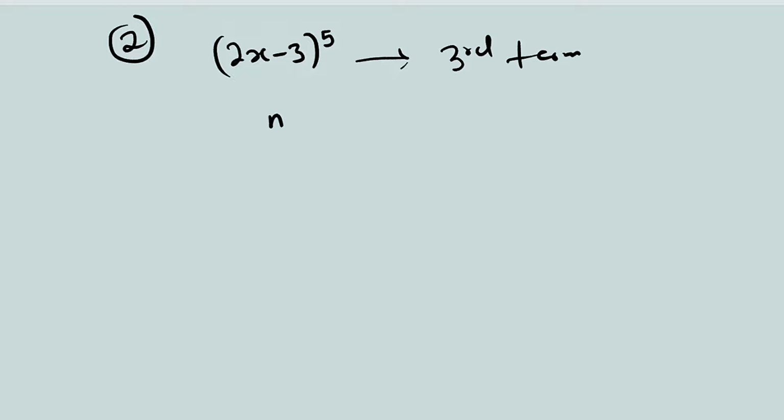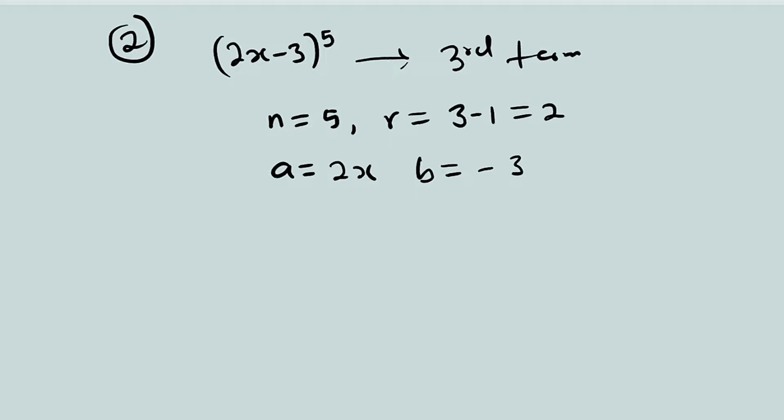From here, you can see n is equal to 5, r is equal to 3 minus 1, which is equal to 2. A is equal to 2x, then b is equal to -3. This is our data.